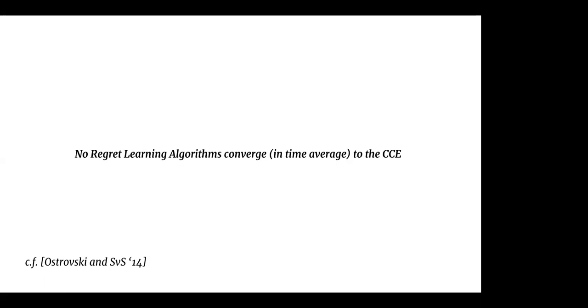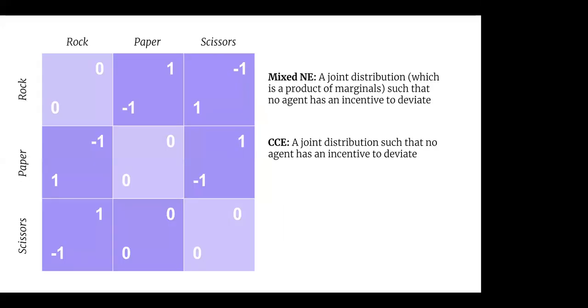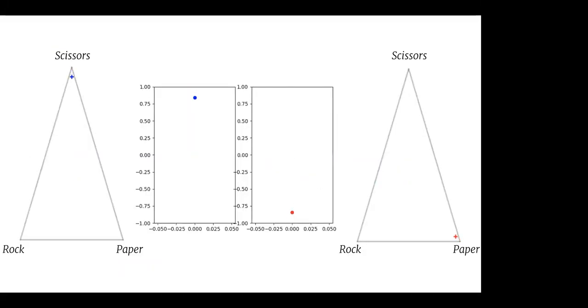I'm going to commit the sin here of saying that the proof of this does follow from the definitions of what no regret learning is and what the CCE is. Essentially, the idea of no regret is that if I produce my sequence of actions, so for example, if we go all the way back, and I move from scissors to the Nash equilibrium, let's say that was my sequence of actions.